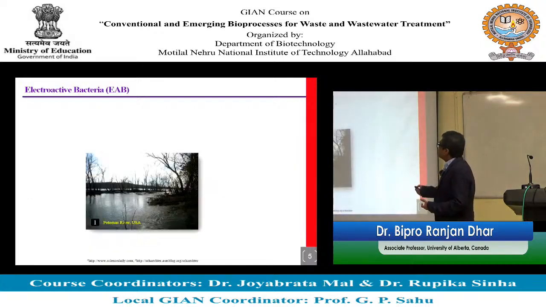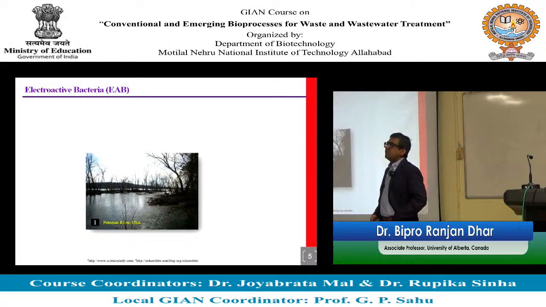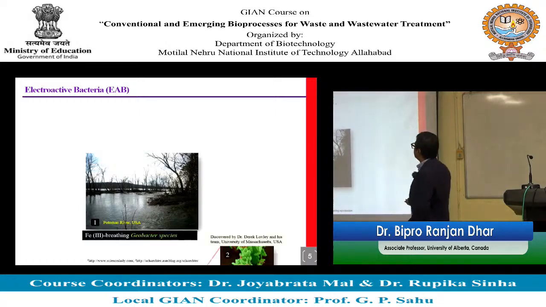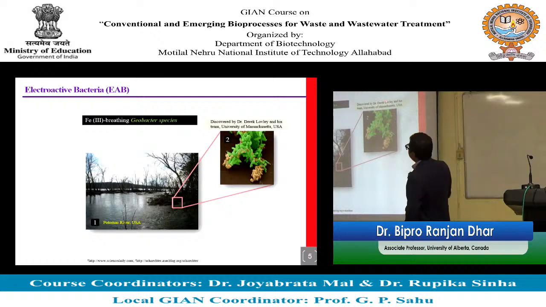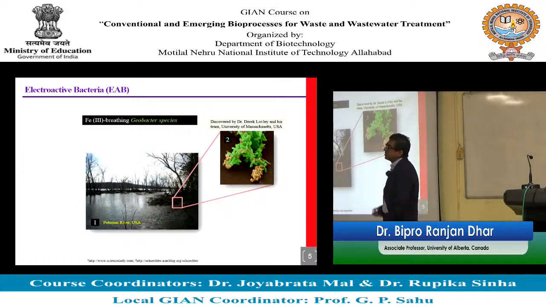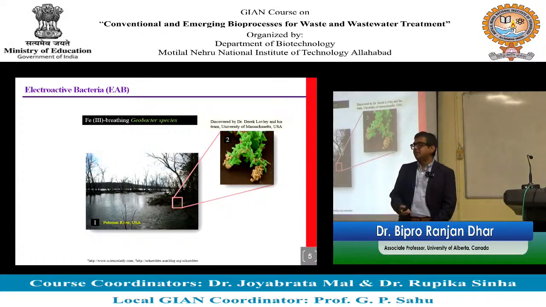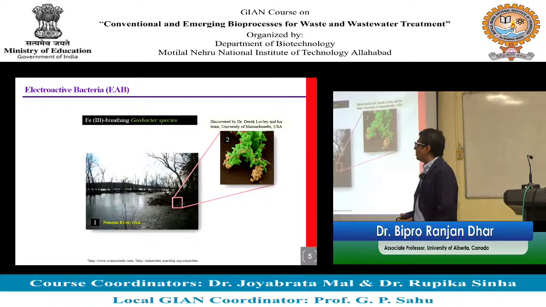This kind of electroactive bacteria was first found in natural systems. One researcher, a microbiologist in the US, and his research team found these microbes in river sediment in the US.